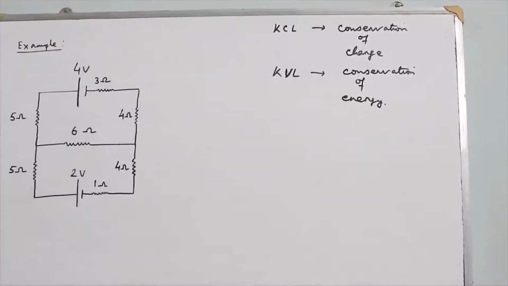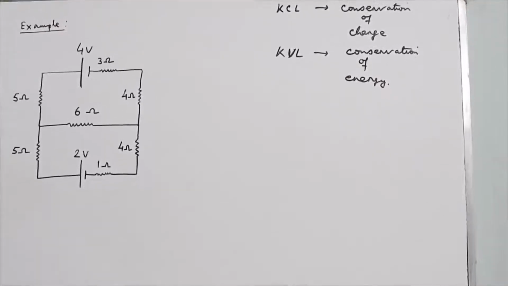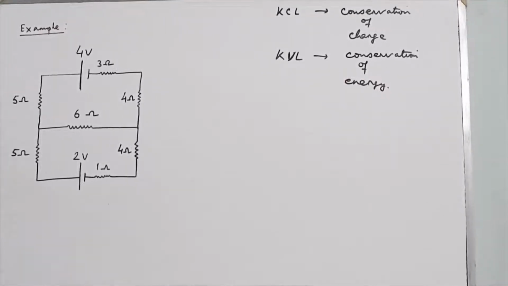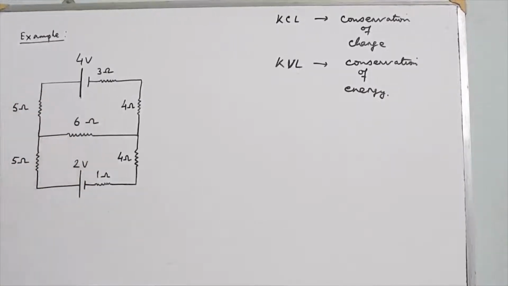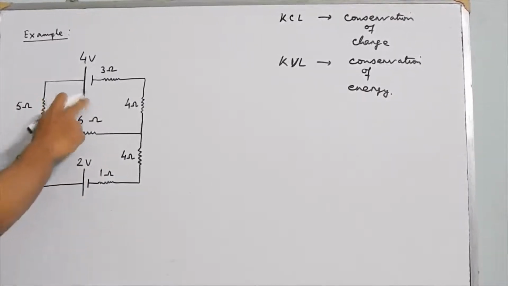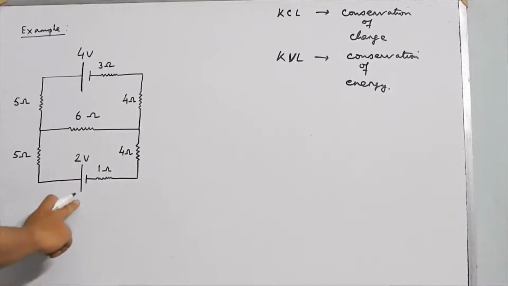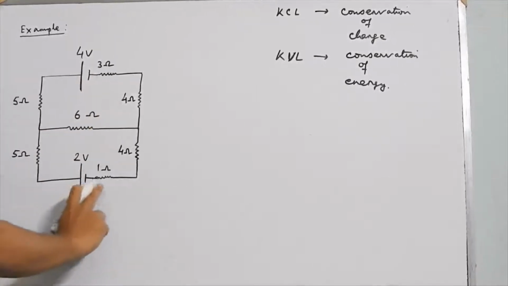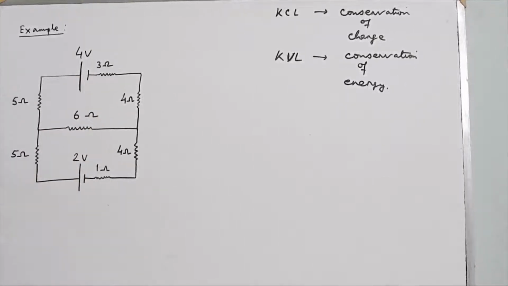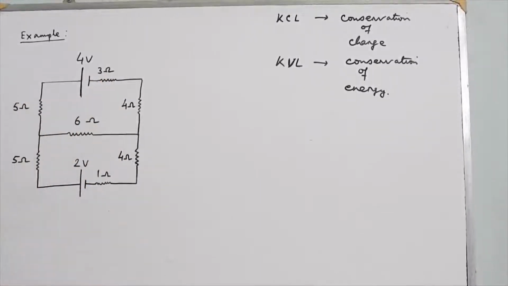So now we want to illustrate how to use KCL and KVL in this circuit. Suppose according to this circuit there are two cells of 4 volt and 2 volt. The 4 volt cell has internal resistance 3 ohm and the 2 volt cell has internal resistance 1 ohm, and they are connected with 5 ohm, 4 ohm and 6 ohm resistances.